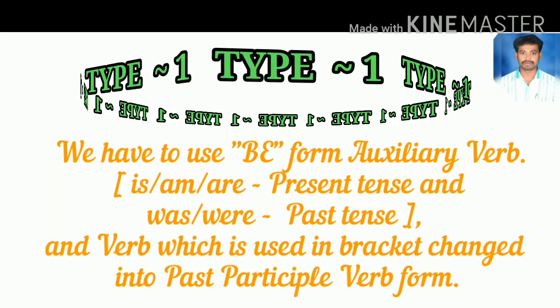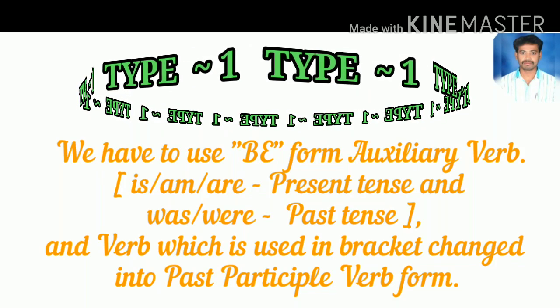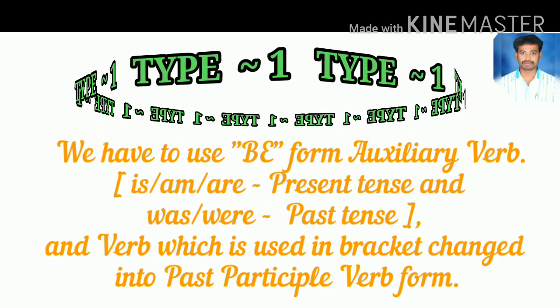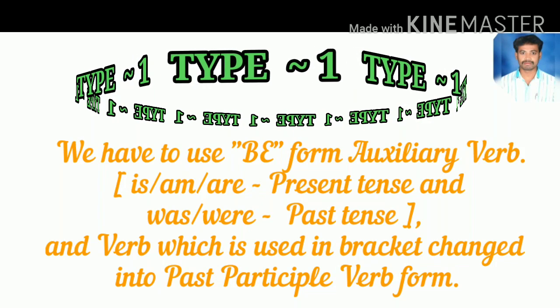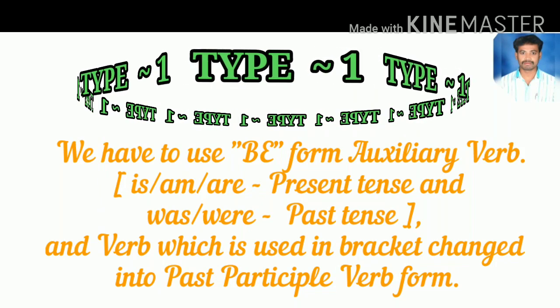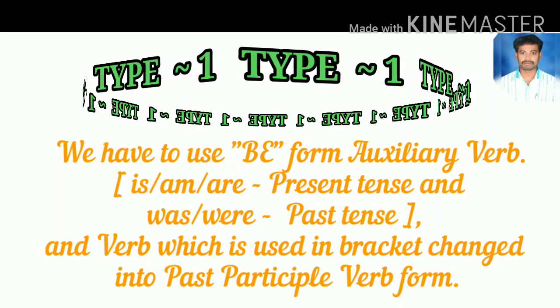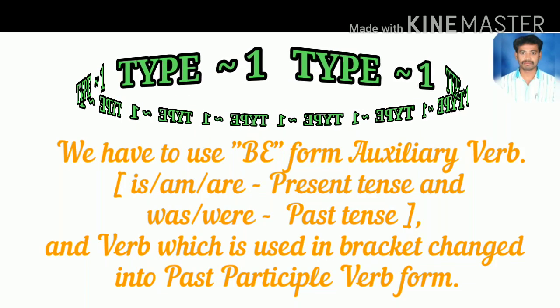But in your second year PUC textbook, they are definitely going to give the past tense format. There are some lessons in present tense, but most of the time they give the past tense verb. So past tense is important.